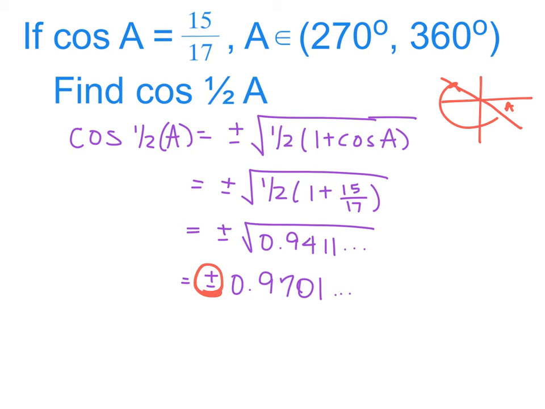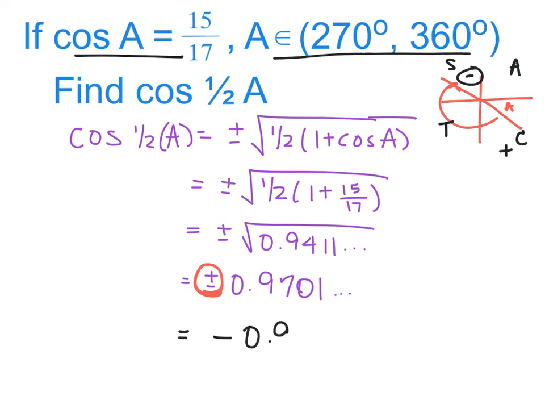What I know about cosine in each of these quadrants, if I use All Students Take Calculus, is that cosine is positive in quadrant 4, which is why it's positive in the information we're given, and it's going to be negative in quadrant 2 because only sine is positive in quadrant 2, so that means my solution is negative 0.9701.